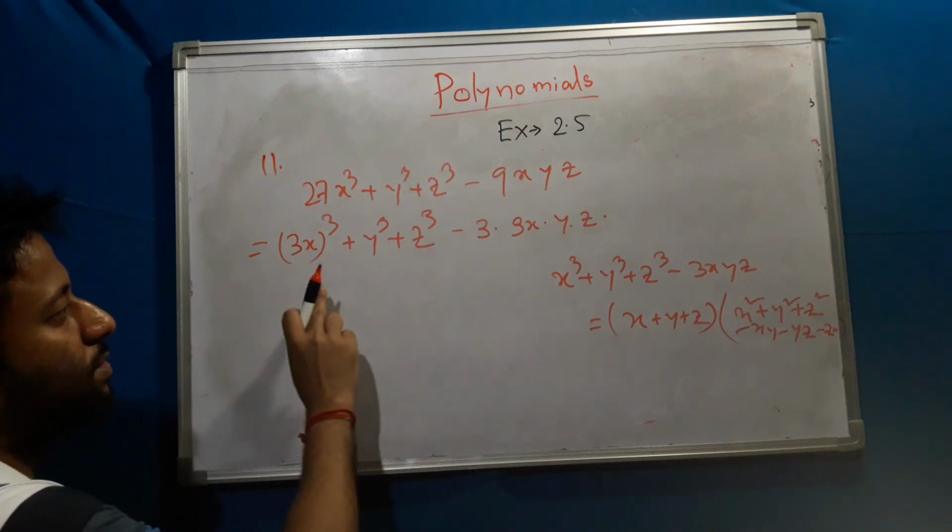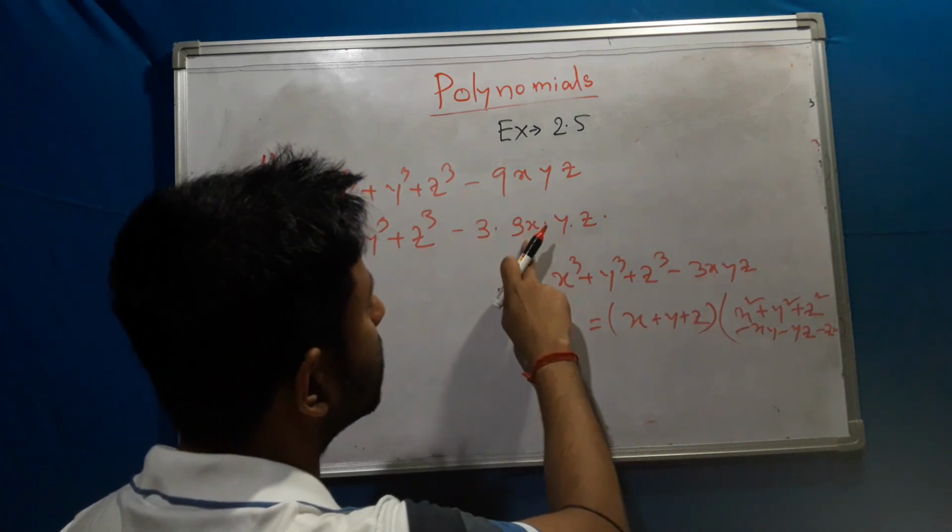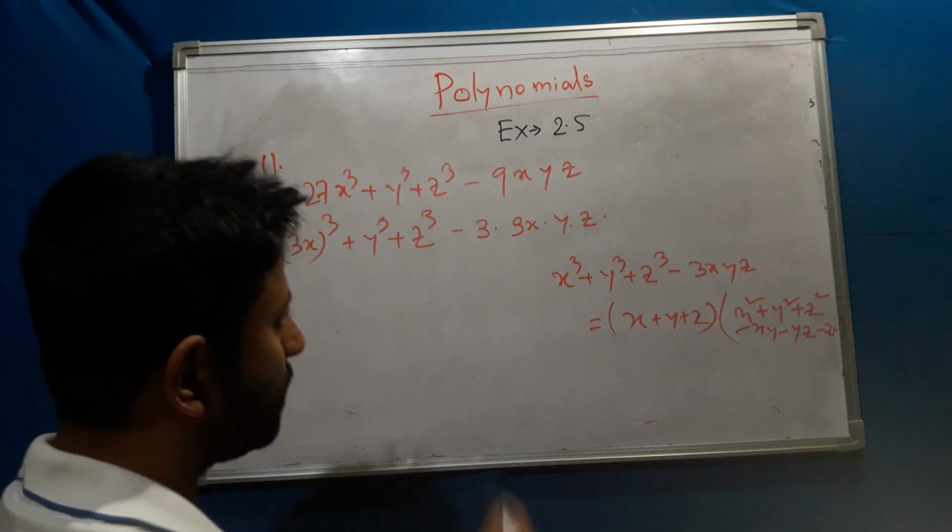This is exactly the same formula, x cube plus y cube plus z cube minus 3xyz, but instead of x it is written as 3x. So the remaining everything is the same.